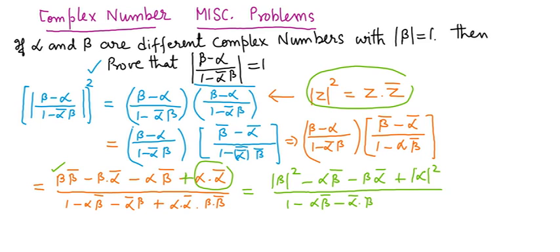See here, this alpha into conjugate of alpha will equal to mod alpha square, and the same here, mod beta whole square. Okay.